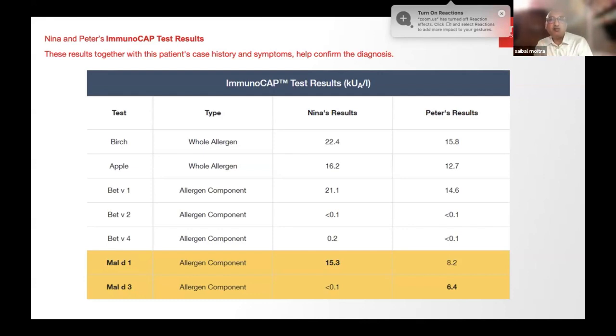From the history, both of them are having allergic rhinoconjunctivitis, most likely a pollenosis because of the birch pollen, and they also had symptoms when they ate apple. So we know it's most likely an oral allergy syndrome, or pollen food syndrome, whatever we call it. And because of this cross-reactivity of the allergens, both of them had the symptoms.